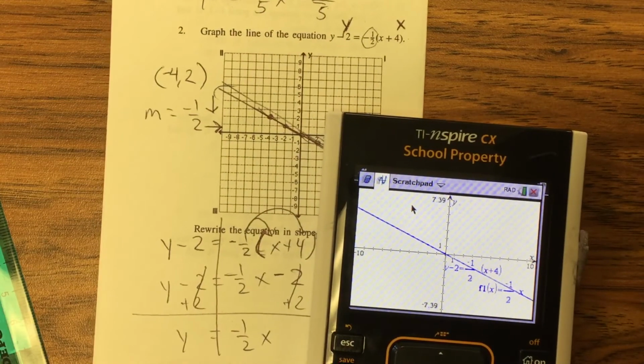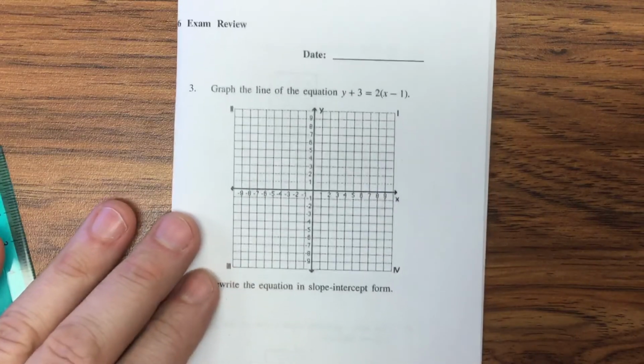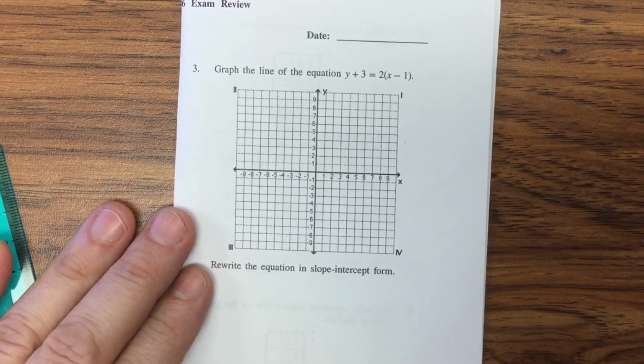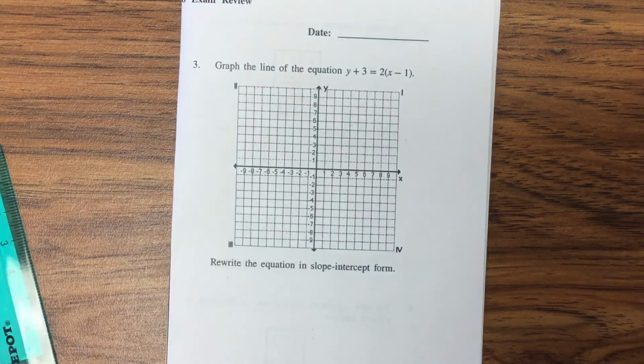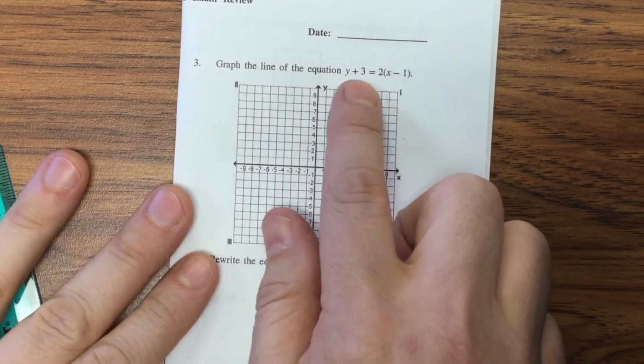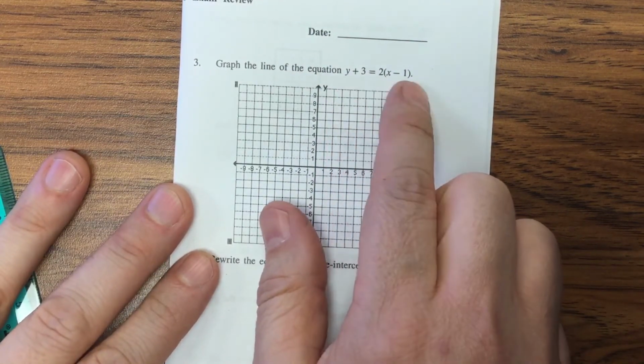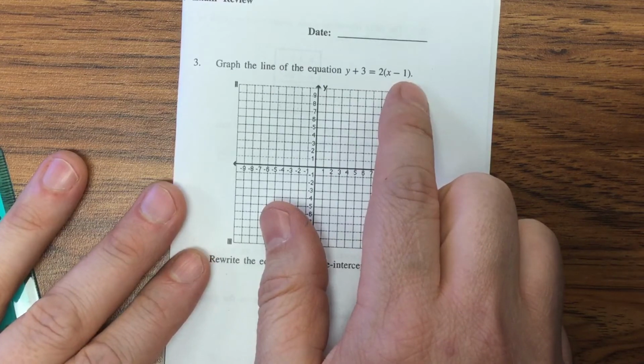All right? Let's go to the next one. Okay. Graph the line of the equation y plus 3 equals 2 times the quantity of x plus 1. Okay, I'm not going to spend the time to go through both of these. I will get you started, all right? I want you to practice. You need to practice in class graphing this in the calculator. You have to, okay?